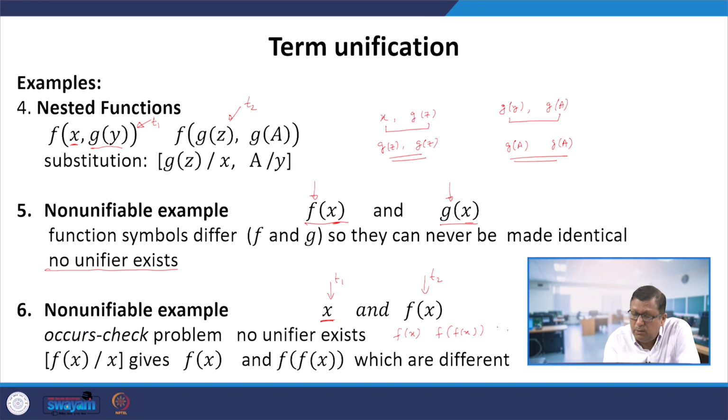And if you go on doing, it will be infinitely many. So they are not unifiable. And this is called the occurs check problem. That means a variable in t1 occurs in the term t2. If that be the case, they are not unifiable.